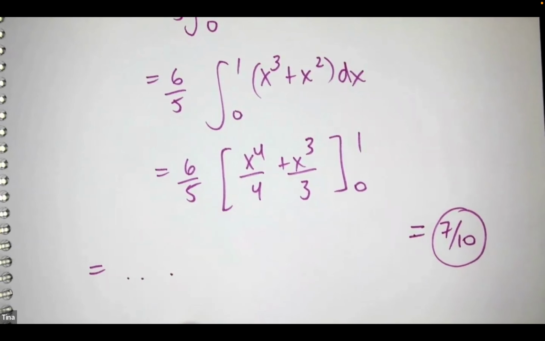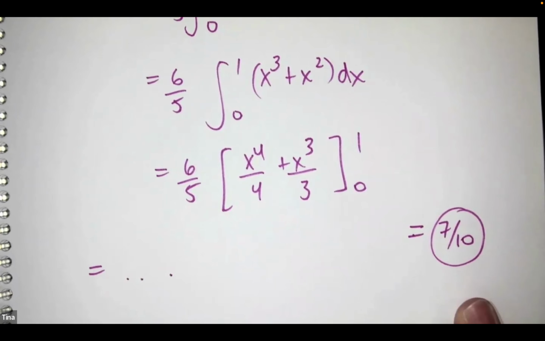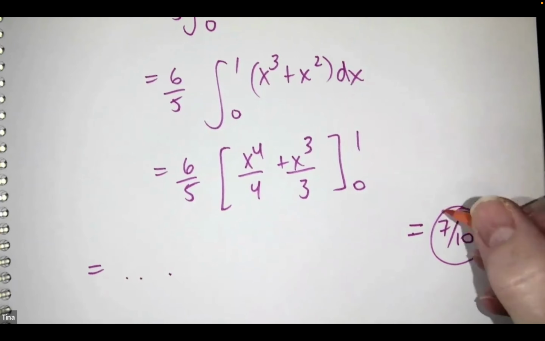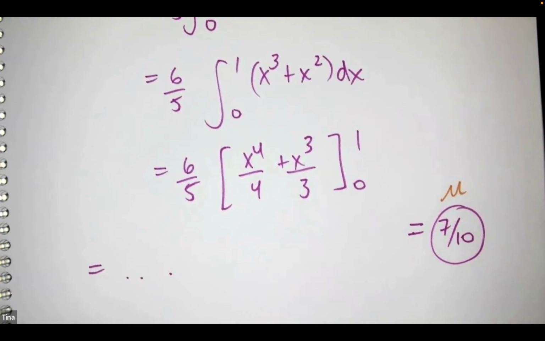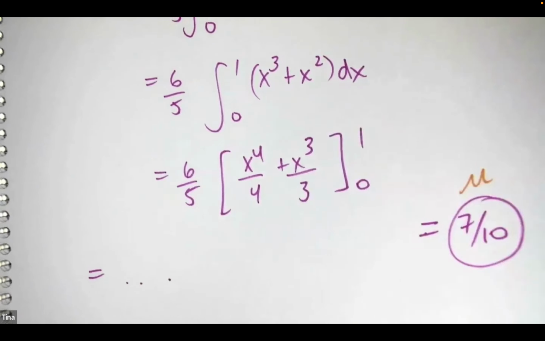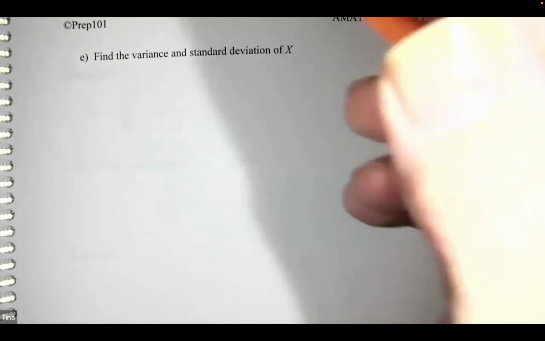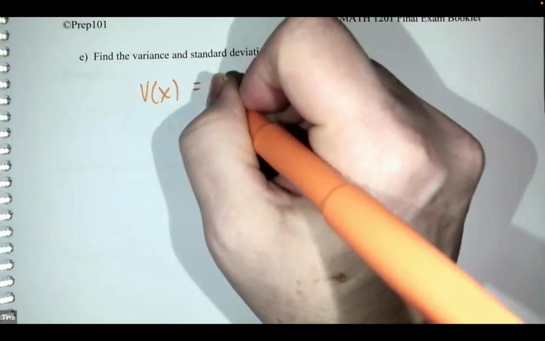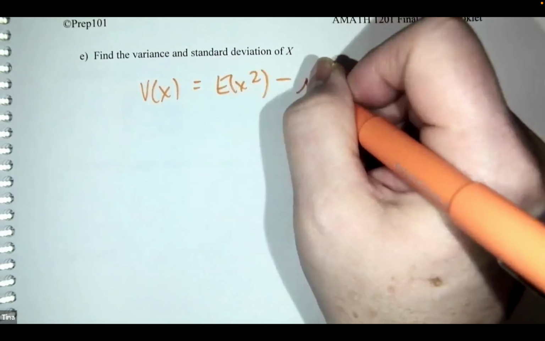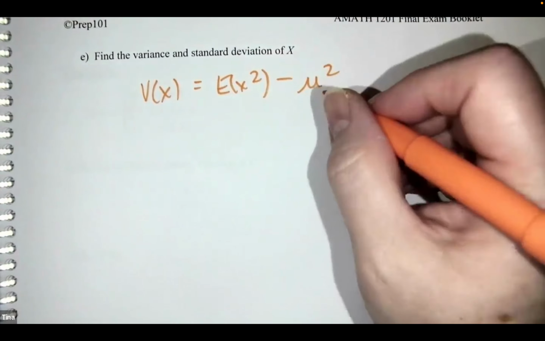Okay, so 6/5 in front, brackets, top number subbed in for all the x's minus bottom number subbed in for all the x's. So we carry our mean, or E of x, mu, which is 7/10, over to part E on the next page. If we want to find our variance, then we're looking at E of x squared minus the mean squared.